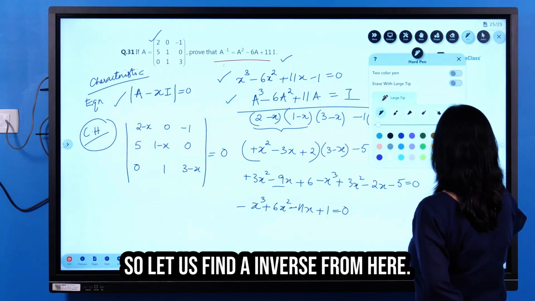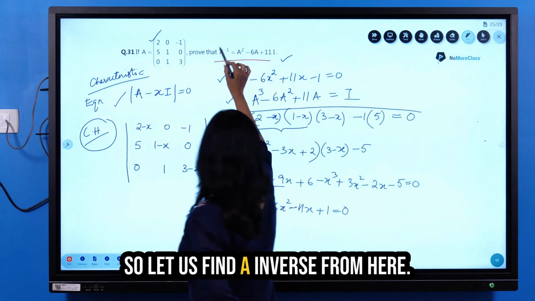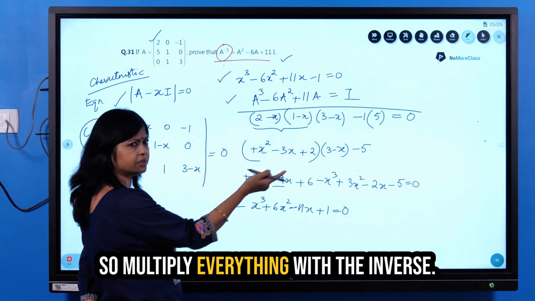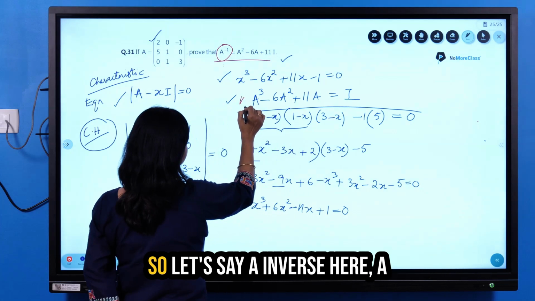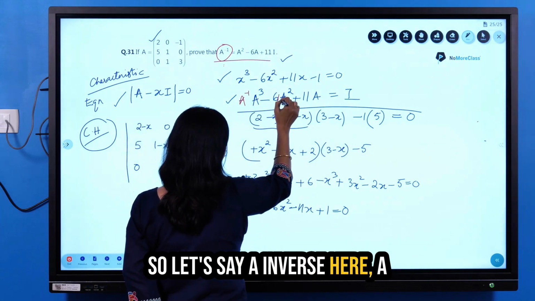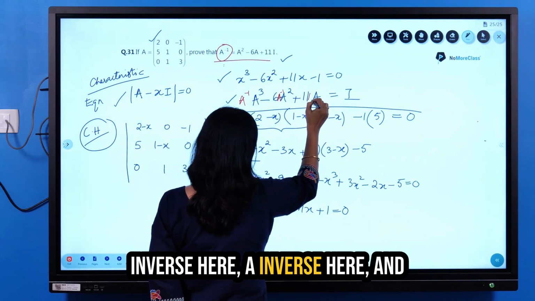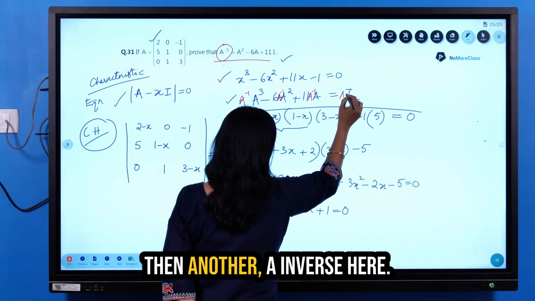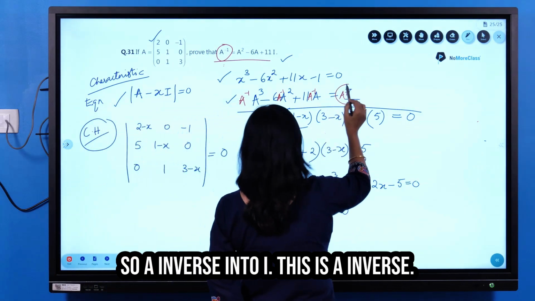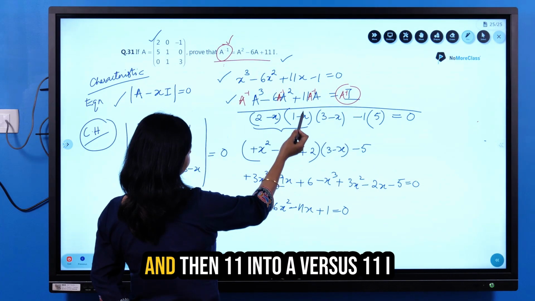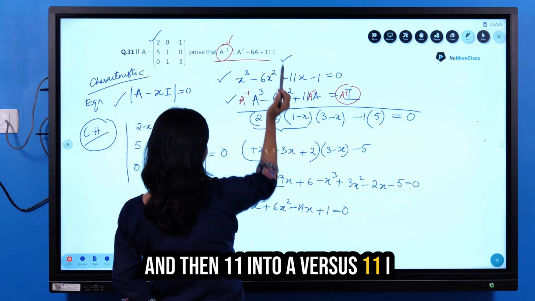So let us find A inverse from here. Multiply everything with A inverse. So A inverse here, A inverse here, A inverse here, and another A inverse here. A inverse into I is A inverse. A inverse into A is I, so 11A inverse into A is 11I.